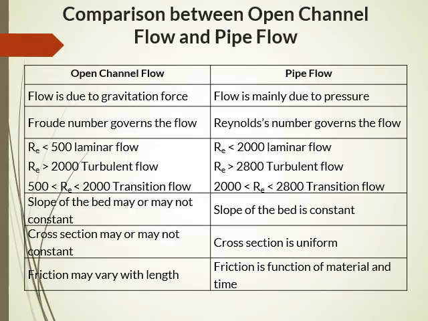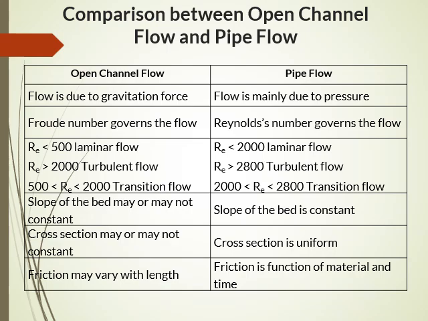Under this we have comparisons between open channel and pipe flow. Already we said open channel flow is mainly due to gravitational force, while pipe flow is mainly due to pressure. In open channel flow, the Froude number governs the flow, while in pipe flow, the Reynolds number governs it, which deals with the viscosity of the fluid.